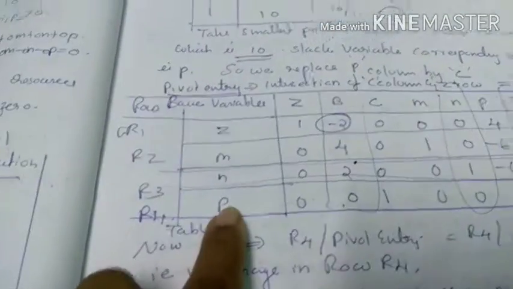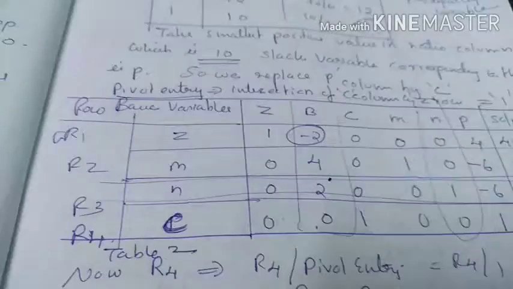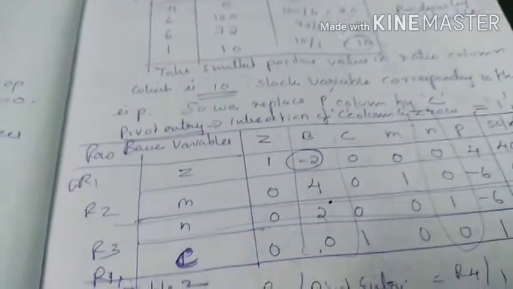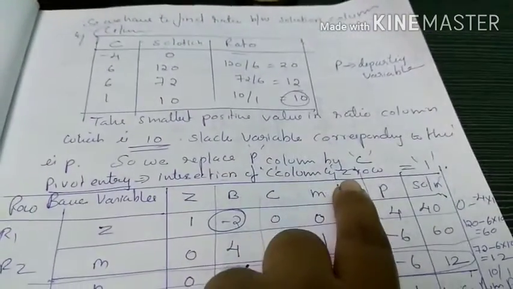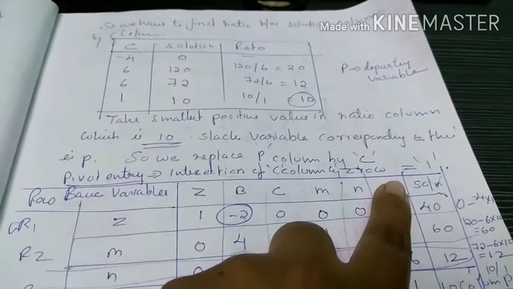In the next table we can see C as the entering variable. The pivot entry is the intersection of the C column and the P row, equal to 1.